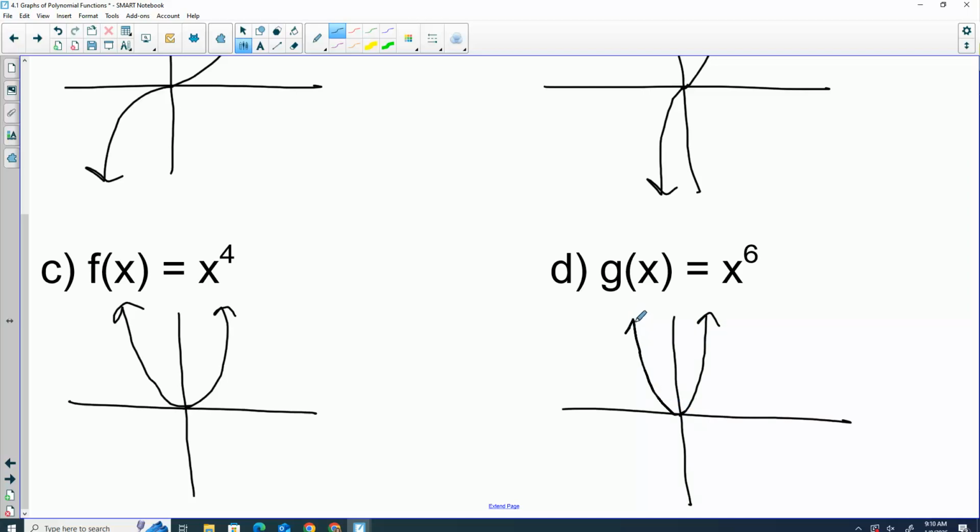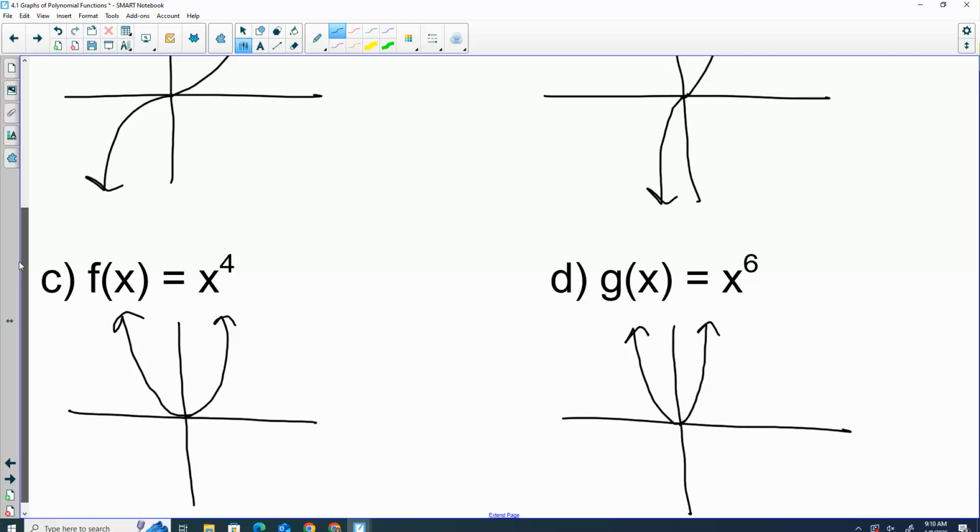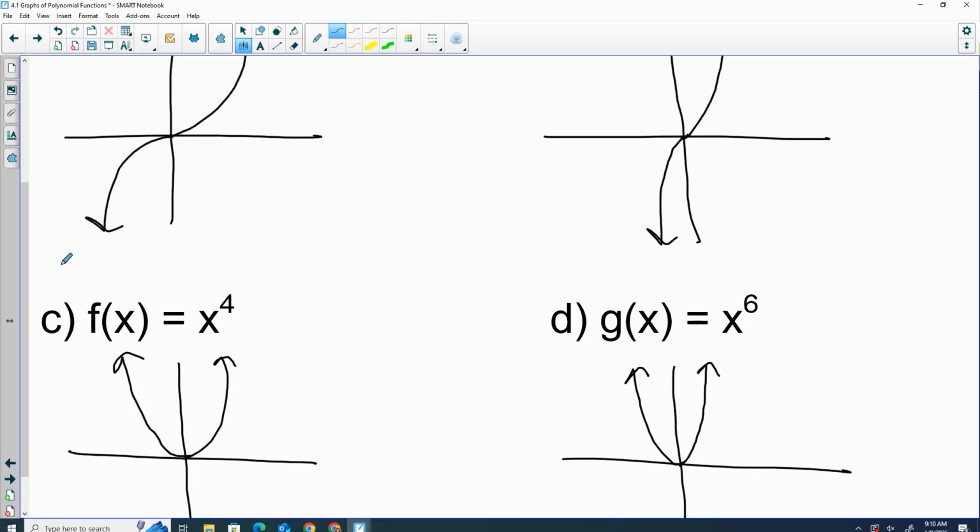So how do we know if it's going to look like a chair or a parabola? Even or odd. So it turns out the graph of a polynomial is really determined by that leading term. A polynomial will have other things added onto it, which will change the graph slightly.